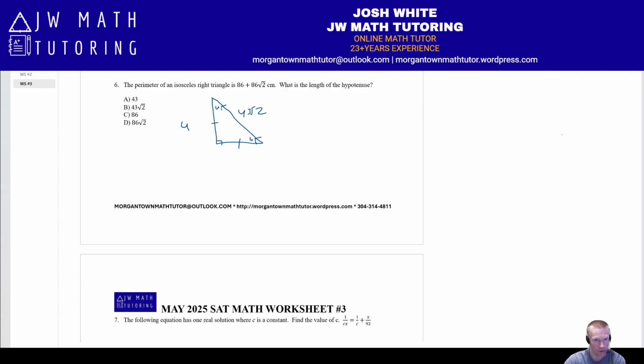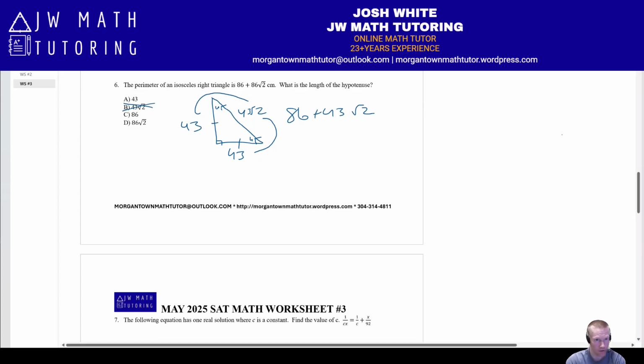And if that's the hypotenuse, that means the sides would each be 43, because to go from hypotenuse to leg in an isosceles right triangle, you divide by root 2. But notice if you add this up, you get 86 plus 43 root 2. So that's not the correct answer.